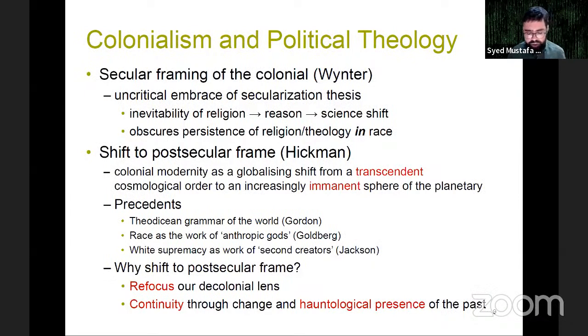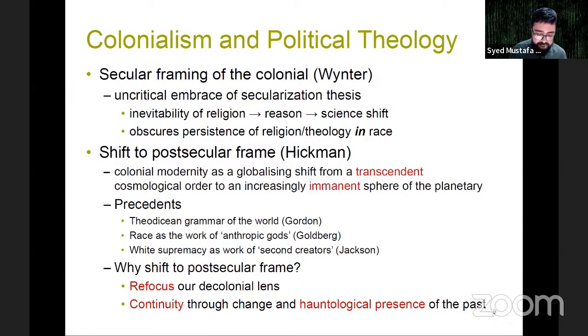Yet while centering 1492 and race as organizational principle in relation to the formation of the modern colonial world, I suggest the need to contest the rather pervasive and uncritical embrace of the secularization thesis, viz., the inevitability of the transition from religion to reason and latterly to science. A transformation whose occurrence has been called into question on empirical, ethical, and theoretical grounds by various scholars, including the anthropologist Talal Asad.